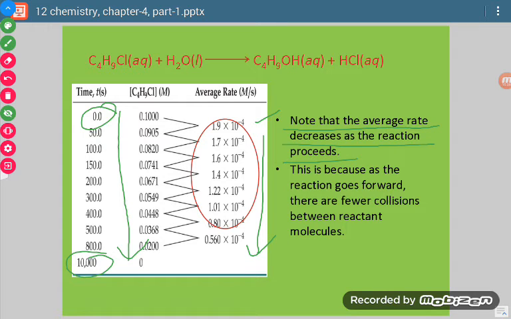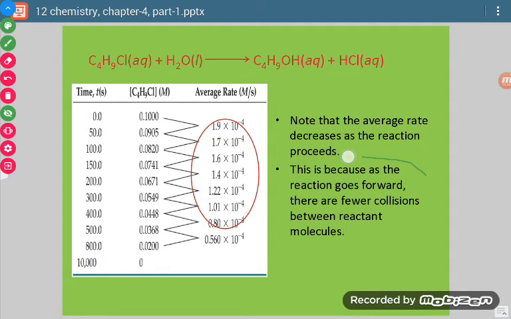Why does it happen? What is the cause? The cause is that as the reaction goes forward, there is a decrease in the number of collisions between the reactant molecules. What is to be remembered is that when a reaction occurs, there is collision between the reactant molecules.